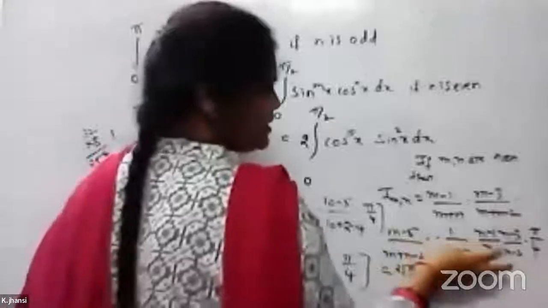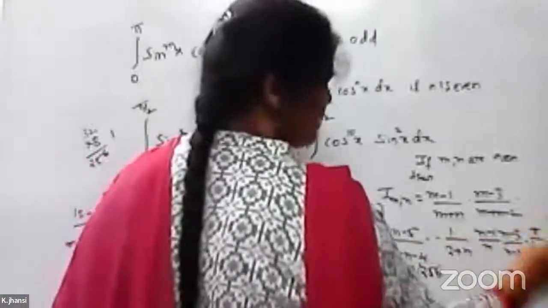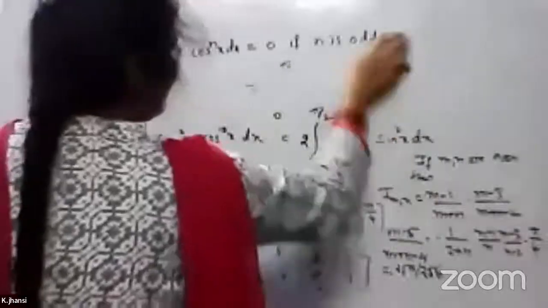After that, the last term is pi by 4. If you substitute them here and simplify, whatever answer you get is the solution of the given problem.